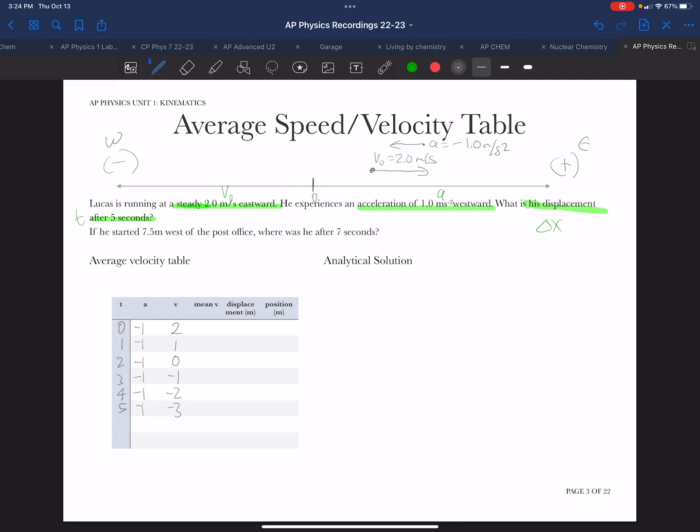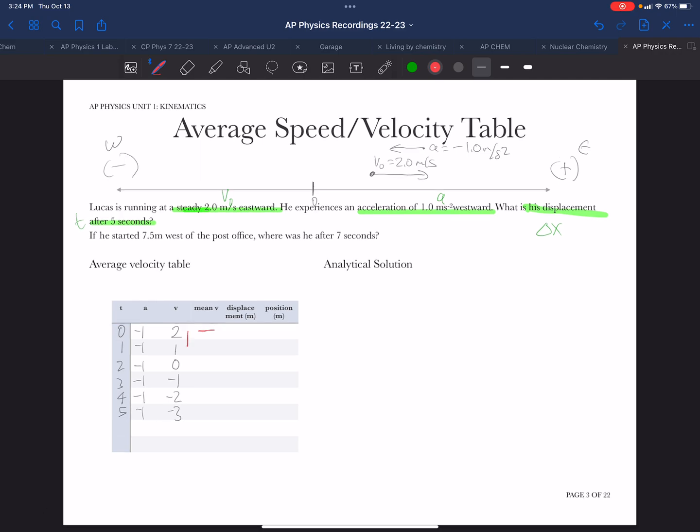So we know now his velocity at every instant in time. Next, we will find the average velocity. Now, the mean velocity after no time has passed is meaningless. But if we look at the first second, we can see the average of his speeds is 1.5. The average for the first 2 seconds would be 1, and for the first 3 seconds would be 0.5.